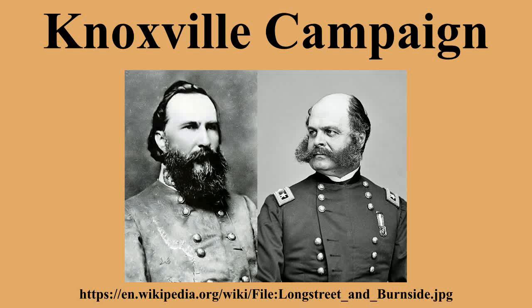Burnside dispatched some cavalry reinforcements to Rosecrans and made preparations for an expedition to clear the roads and gaps from East Tennessee to Virginia and, if possible, secure the salt works beyond Abingdon.